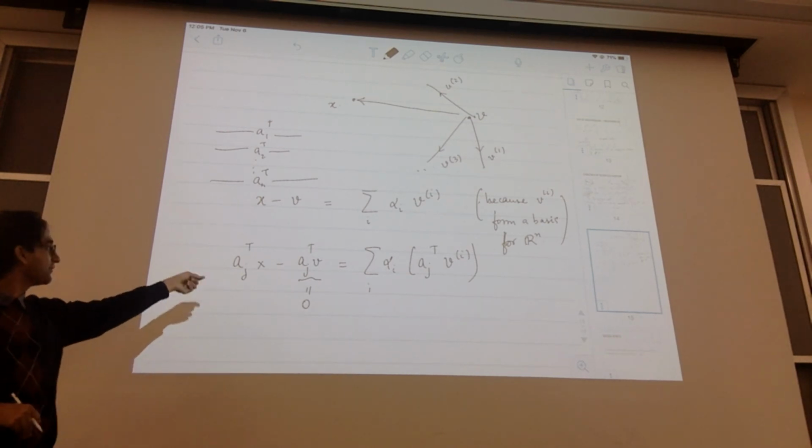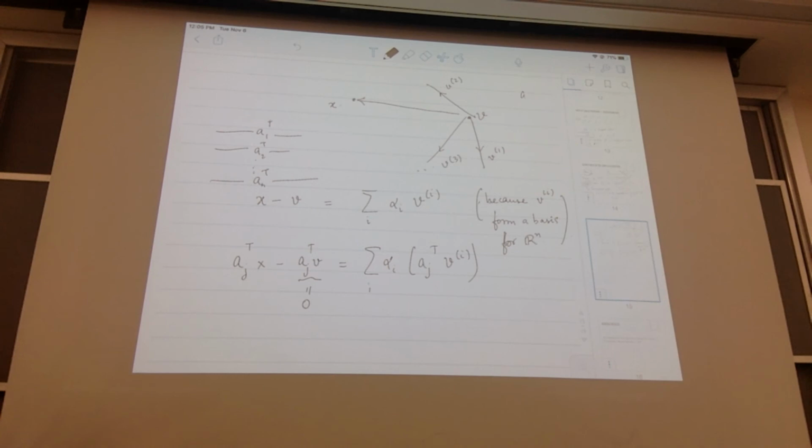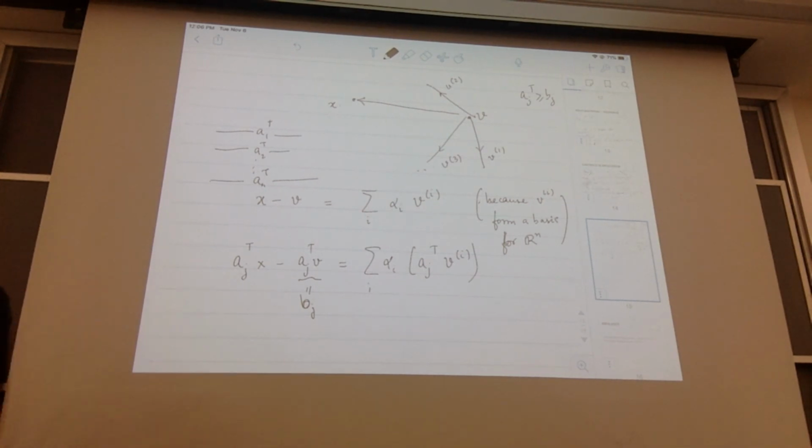We know that every feasible point must satisfy all the equations, so Aj transpose x is bigger than or equal to bj. Oh, sorry, this is not 0, this is bj, because it satisfies it with equality. And this guy is bigger than or equal to bj. In particular, the left hand side is bigger than or equal to bj.